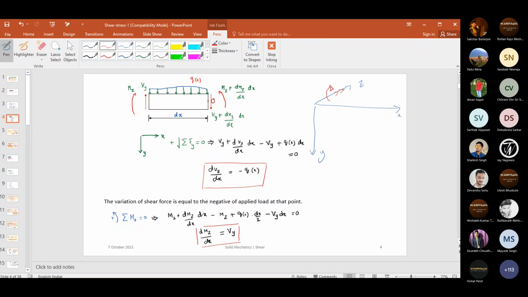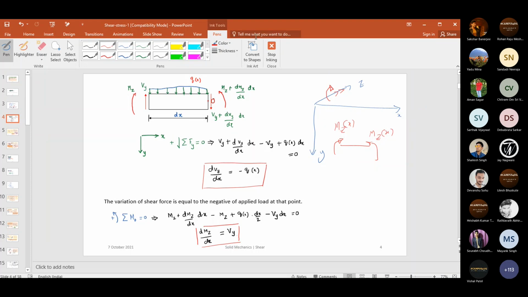Now, let's say if you take any section, your Mz here will be different because my applied load is different. Mz denotes only that it acts about the z axis. That's the only reason I put a subscript z, but it is a function of x.